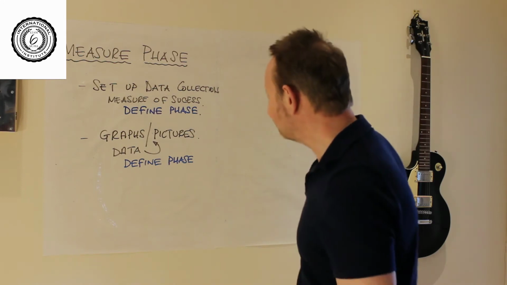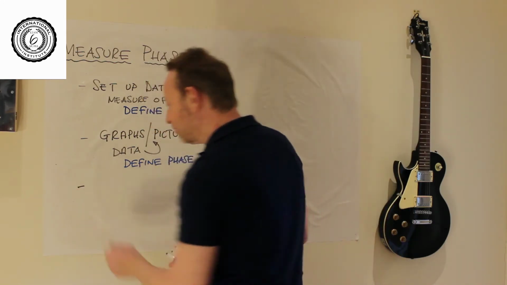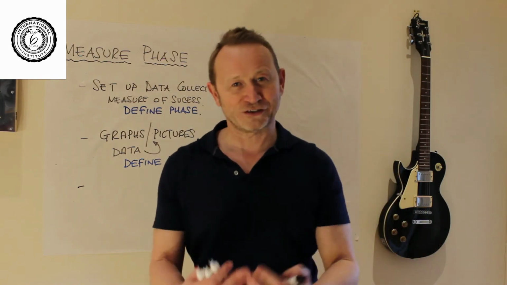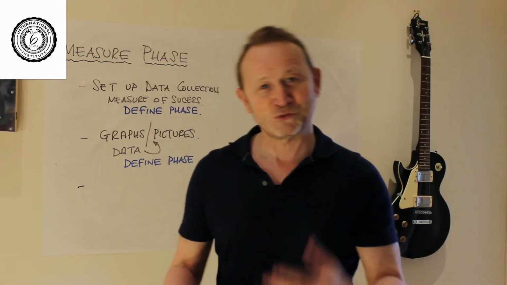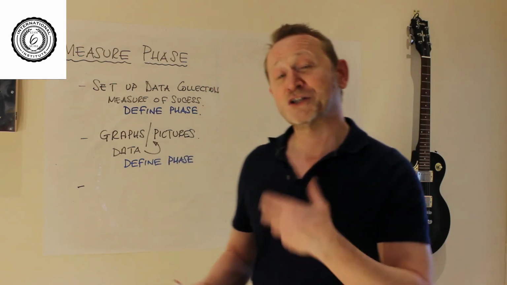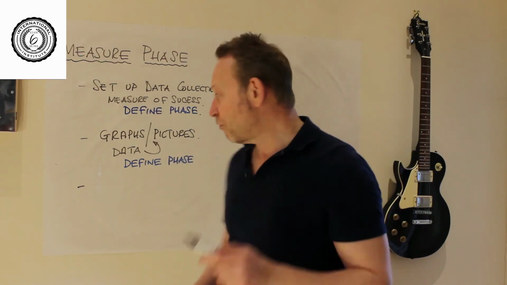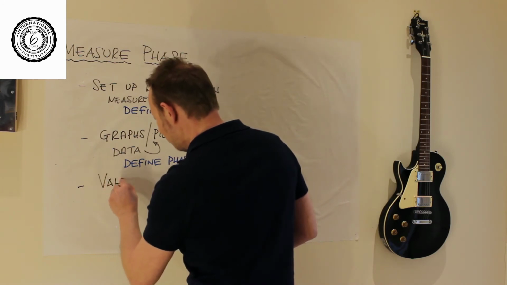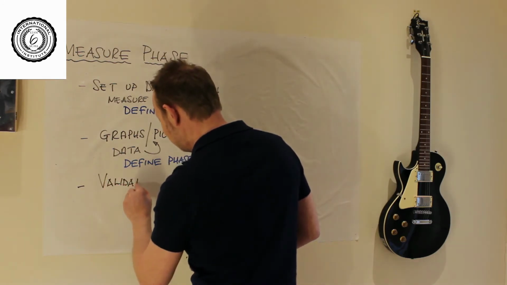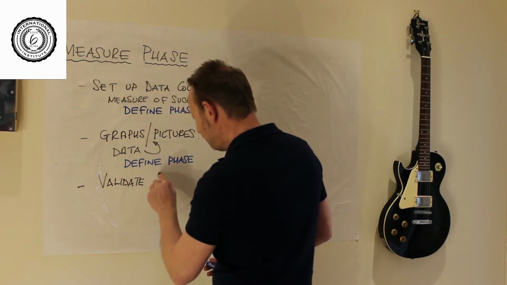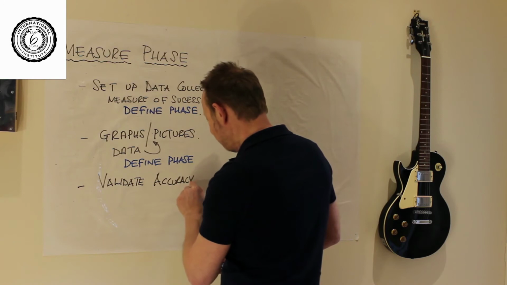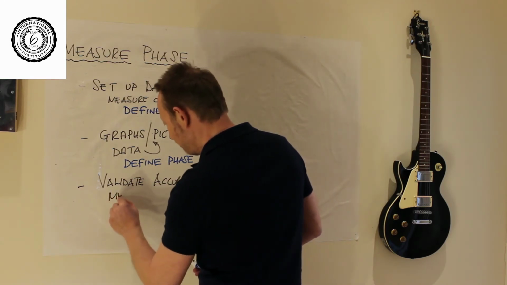Okay, what else? Well, let's say you have the measure set up, it was already there, you already have the graphs and the things, that's how the problem was identified in the first place, and you know what you're going to do next. Well, one of the things you need to do now is to validate the accuracy of the measure.